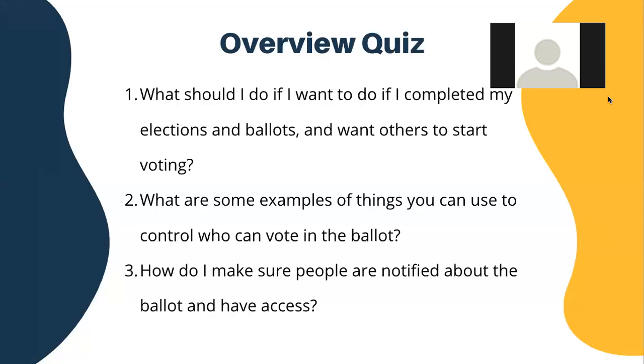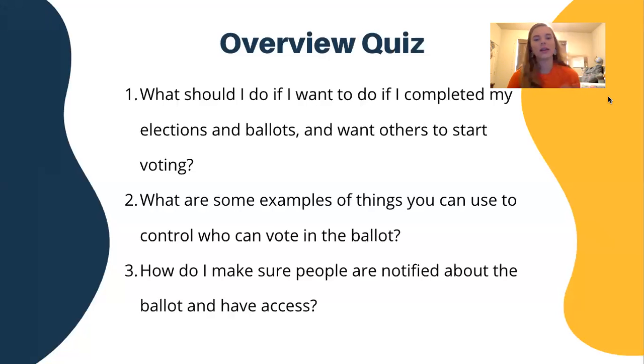Some examples that you can use are the different requirements, right? Such as their grade level. So if they're seniors, freshmen, certain classification or majors, those are just a few of the ones that you can put on an eligibility list. Correct. And we'll show some more examples in the next slide.